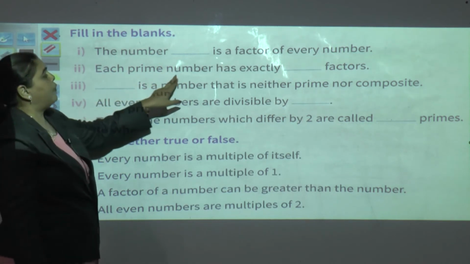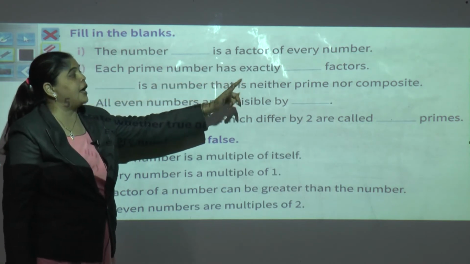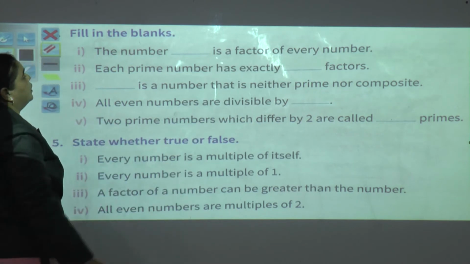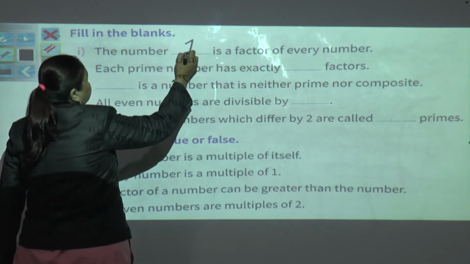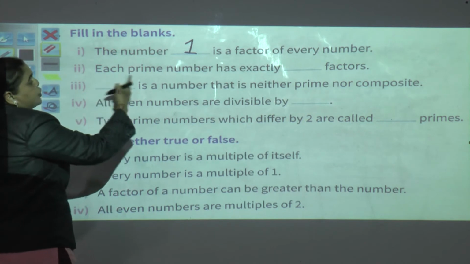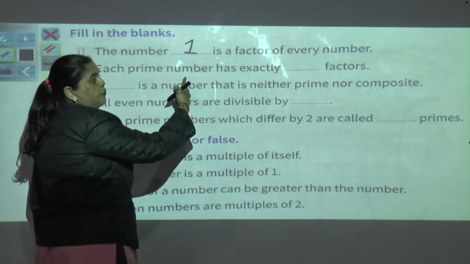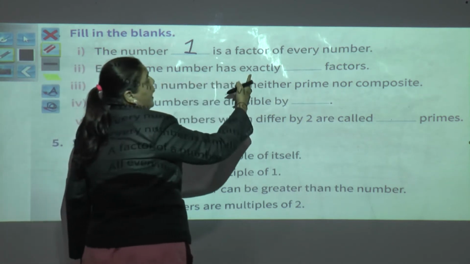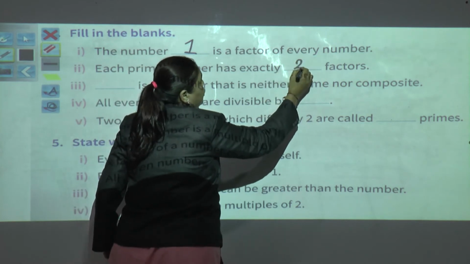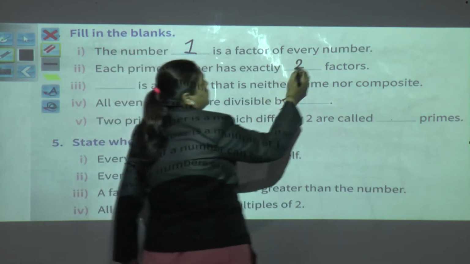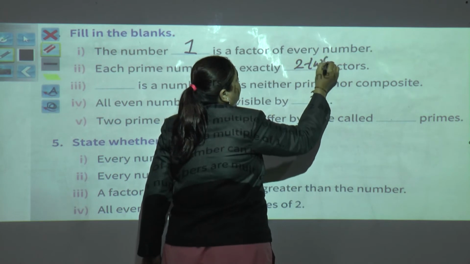Each prime number has exactly dash factors. Here what will that be? 2. Each prime number has exactly how many factors? 2 factors, so you can write 2 here.